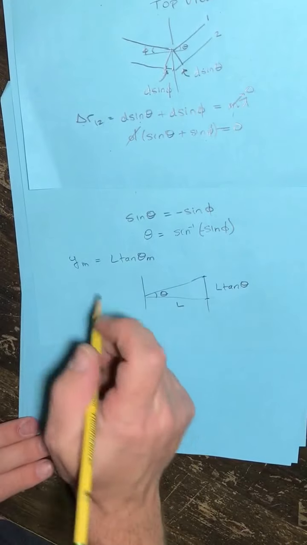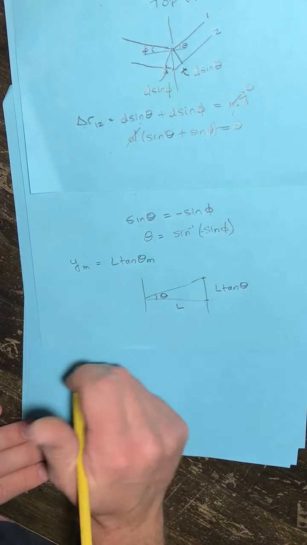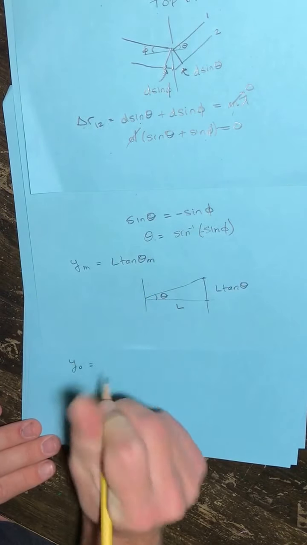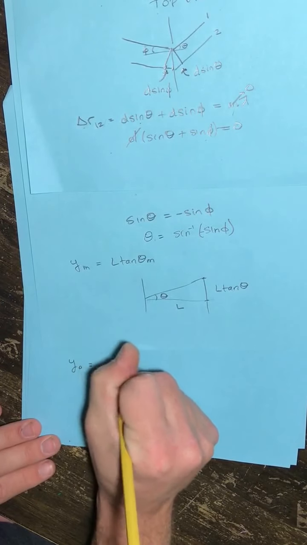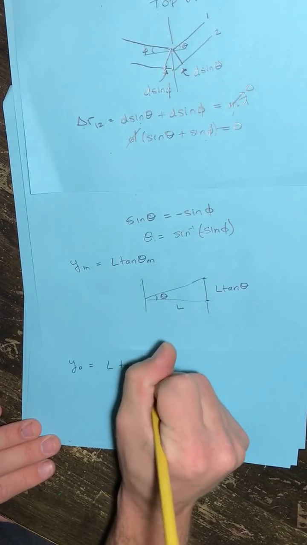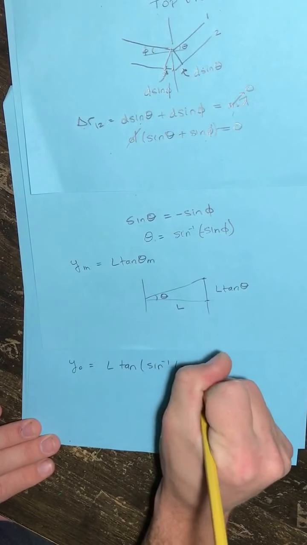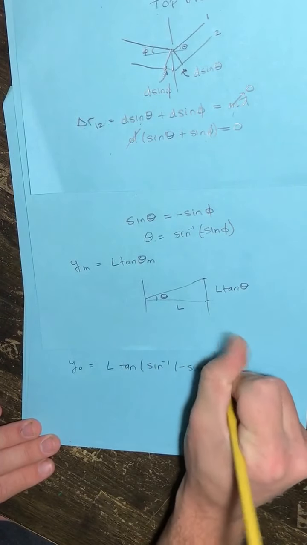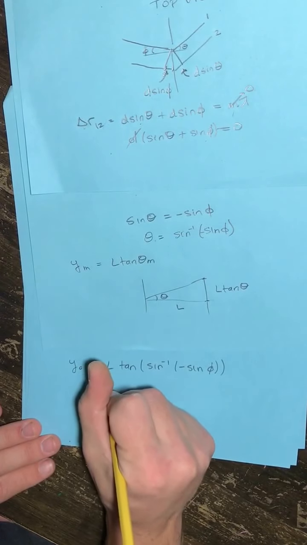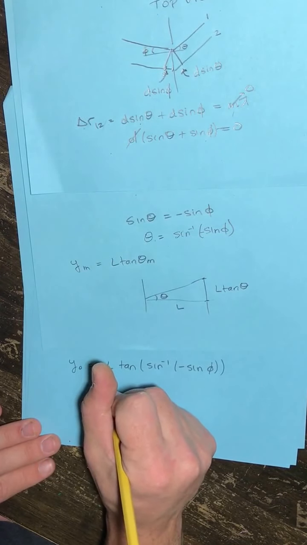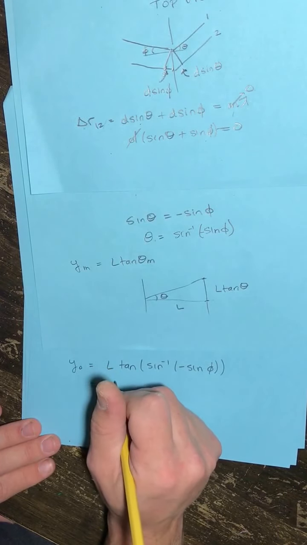So we can just plug in our value for theta here. We're going to get that y sub 0 is equal to L times the tangent of the sine inverse of minus the sine of phi. And we can plug in some numbers. How far away is it?